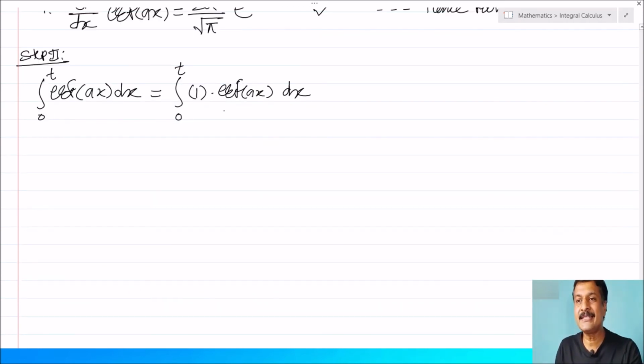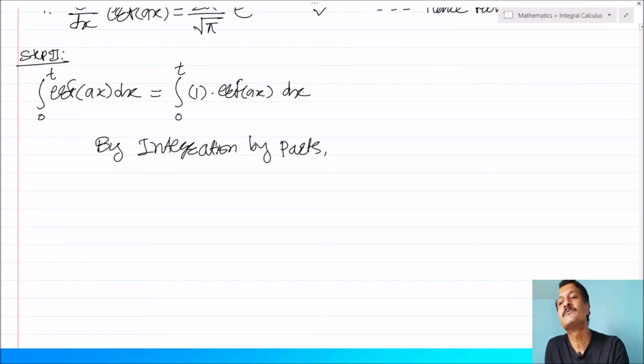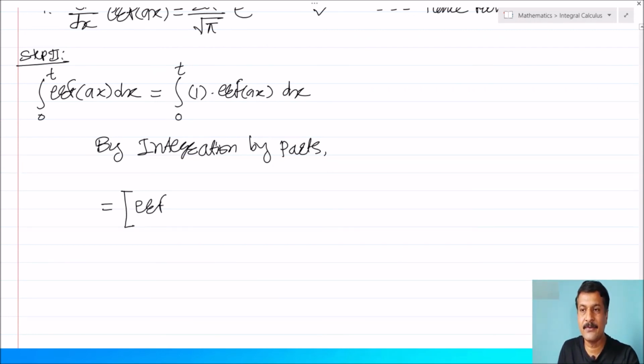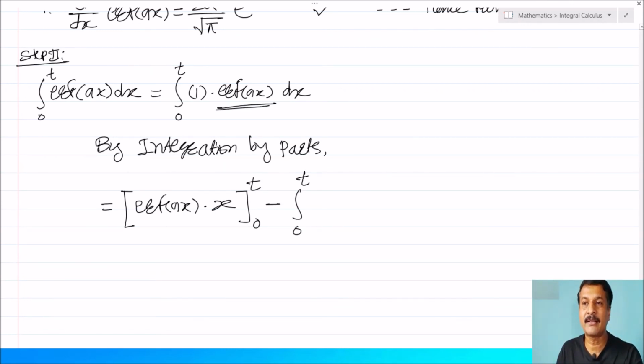Now integrate this by parts, where u is this one and v is this. Therefore, by integration by parts, I am getting the first function, the error function of ax, times the integration of the second, which with respect to x is x, with lower limit 0 and upper limit t, minus the integration of the derivative of the first.